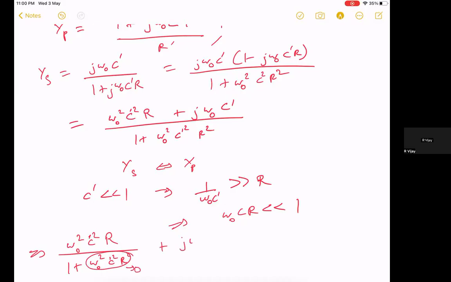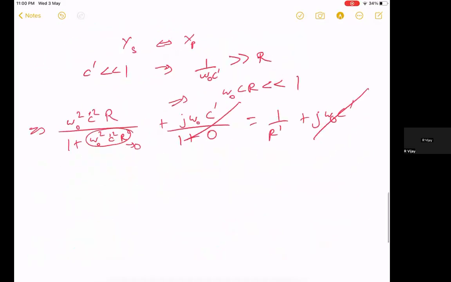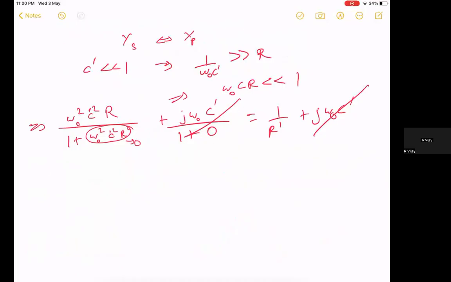Then I have J omega naught C prime over 1 plus again 0. This is the other term, which is equal to 1 over R prime plus J omega naught C prime. So these two also cancel. And then you're just left with the fact that R prime is 1 over omega naught square C prime square R.